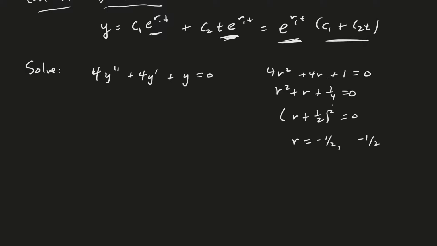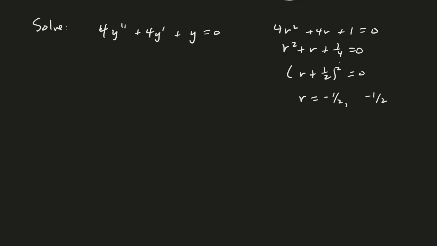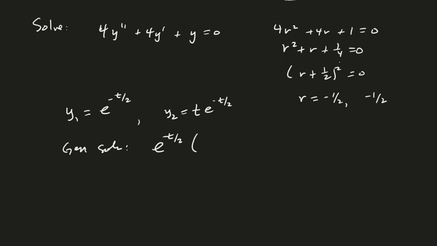And so this is the case where b squared minus 4ac equals 0. We only have one real solution. So therefore, if you want to write your two solutions, y1 is e to the minus t over 2, and then y2 is t e to the minus t over 2. And the general solution, right, would be e to the minus t over 2 times c1 plus c2t.